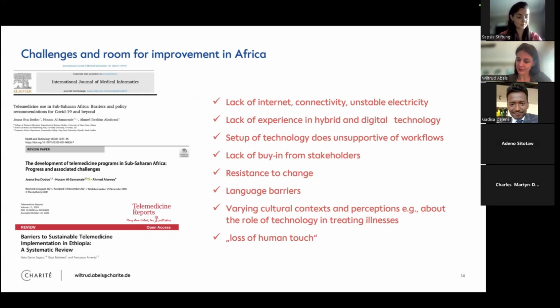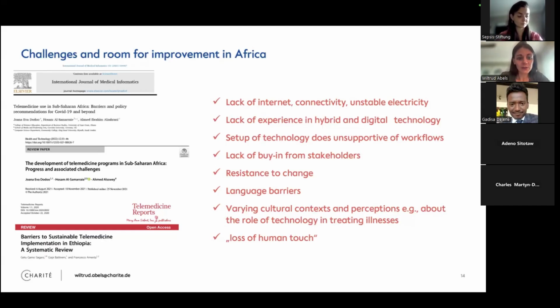As so many times, this goes back to looking at literature, looking at available publications, and seeing if other people before have identified challenges and room for improvement concerning the implementation of telemedicine on the African continent, and especially in Sub-Saharan Africa.